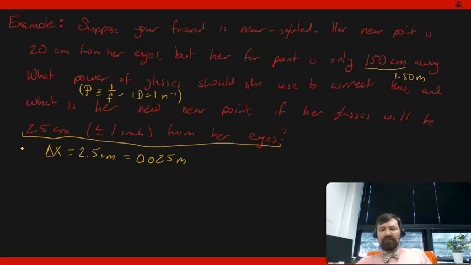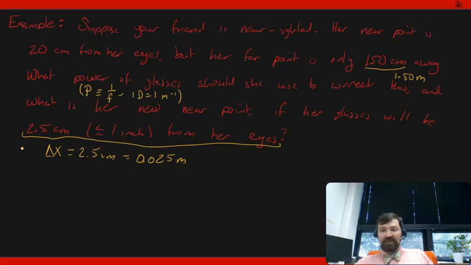This right here is actually going to give us the far point. It's going to give us the image distance, but we know that the image is on the same side of the lens as the object. So this means that her image distance will actually be negative.